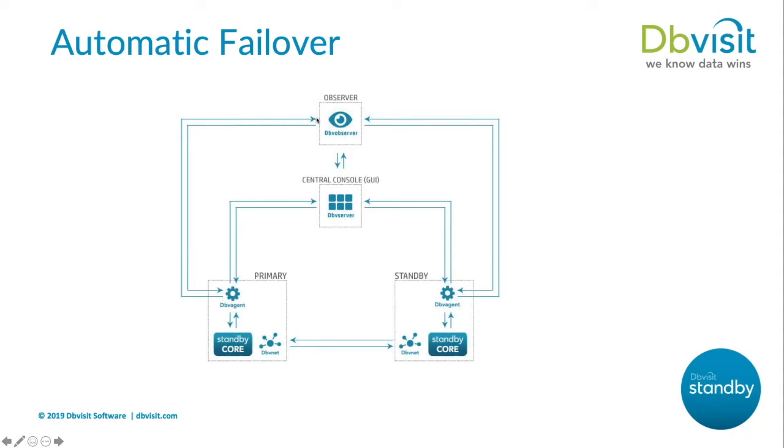And then, of course, the observer also goes through the DBV agent because it needs to get to the core to talk, so that it knows when activation needs to take place. So that is just in short, and you'll see once I configure it how it actually works within the product.